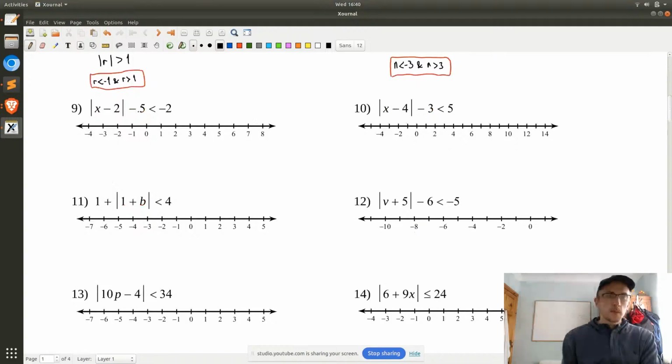The absolute value of x minus 2, that is less than negative 2. Okay, so I think I can just add 5 to both sides. So the absolute value of x take 2 is less than 3.